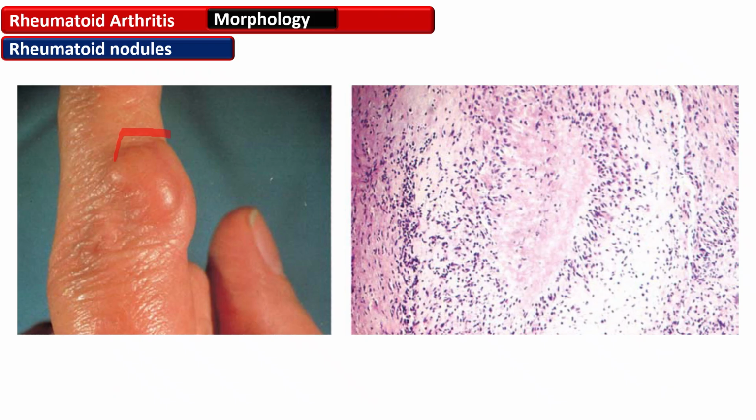Another rheumatoid nodule with the characteristic histology: this is fibrinoid necrosis that is surrounded by epithelioid cells and lymphoplasmacytic infiltrate.